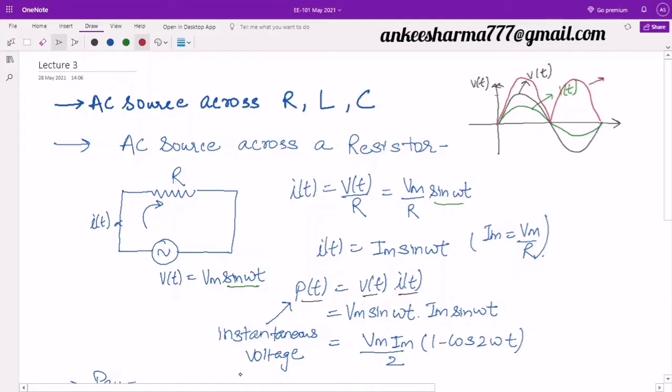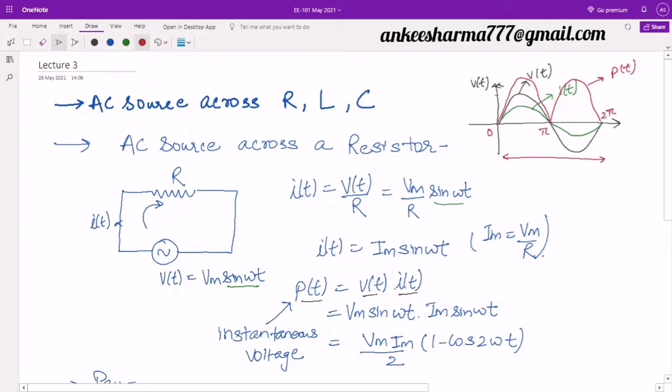So this waveform is of my power. So you can find here that although your voltage and current are moving in the second cycle in the negative values, your power is still remaining positive. So it means when we have to find the power or the average value, we will take this complete cycle, that is from 0 to 2 pi.